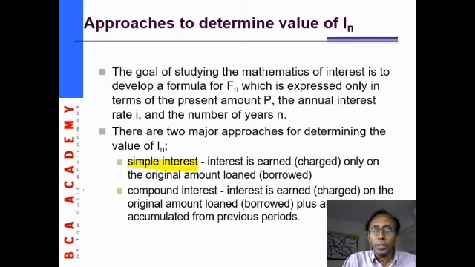So the third year is based on the compounded value of 110 as the starting point, not 100 as the starting point. Such calculation is called compound interest.